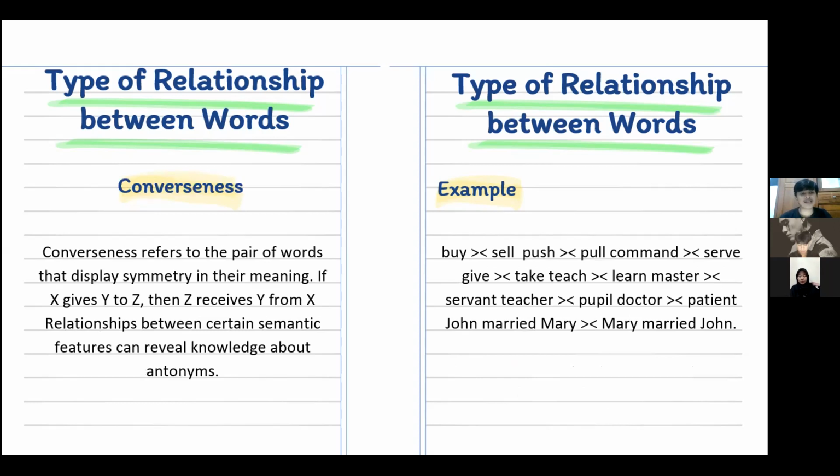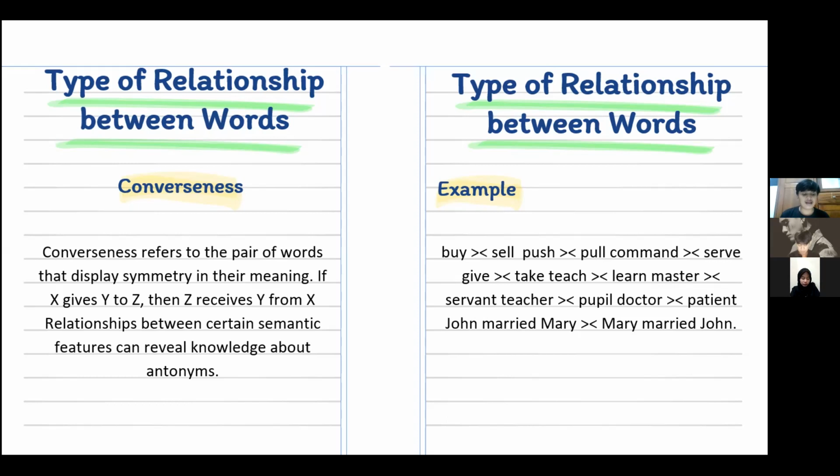So the next one is complementary. Complementary refers to pairs of words that display symmetry in their meaning. If X gives Y to Z, then Z receives Y from X. Relationships between certain semantic features can reveal knowledge about antonyms.